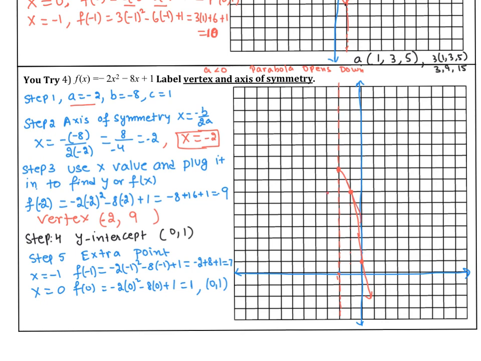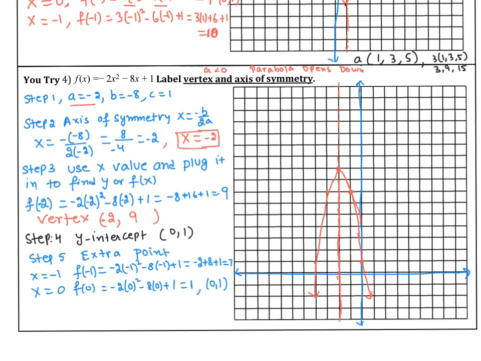So it's going to be one point here and then the other one here, and I'm going to plot and draw from these points and get the parabola graph that is symmetrical about the axis of symmetry, which is x equals -2.